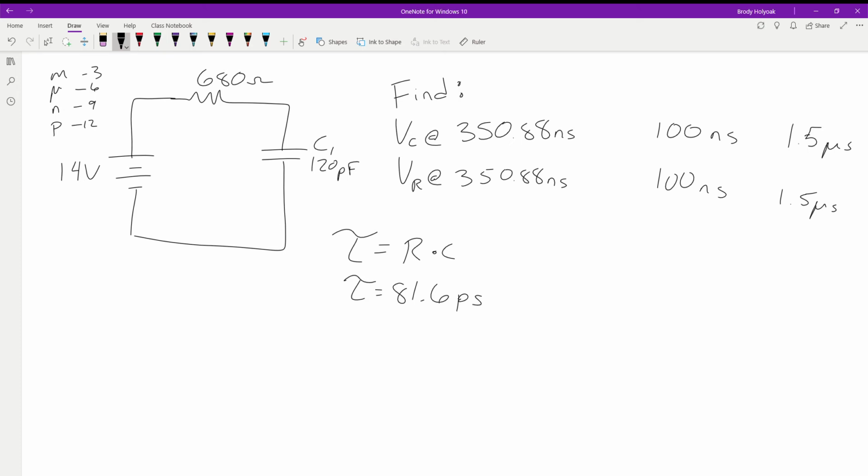Okay, so we have 81.6 picoseconds. How long is this going to take to fully charge? 408 picoseconds, because it takes 5 tau to fully charge. Nano, not pico.